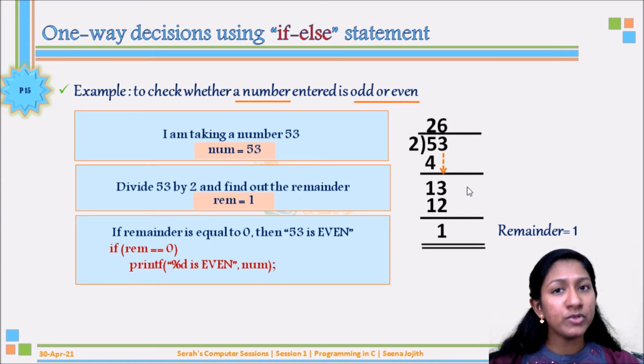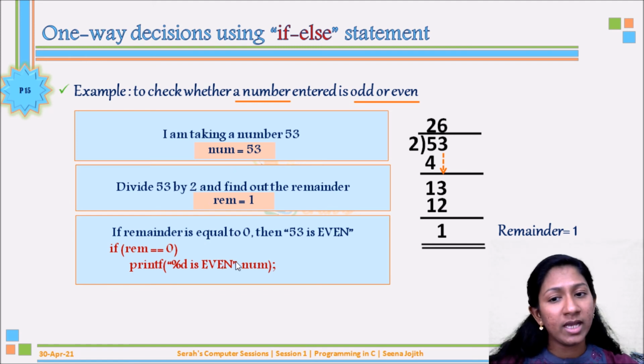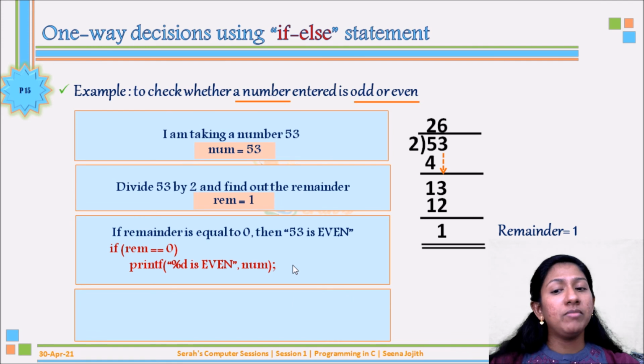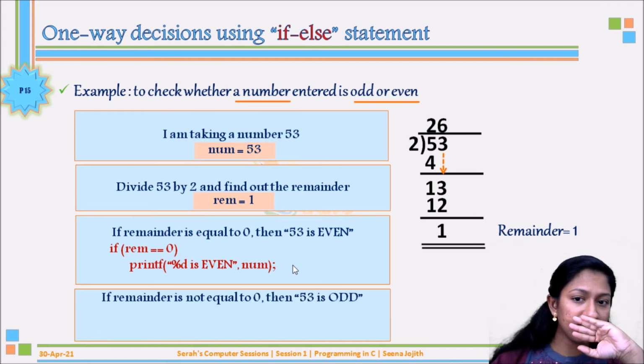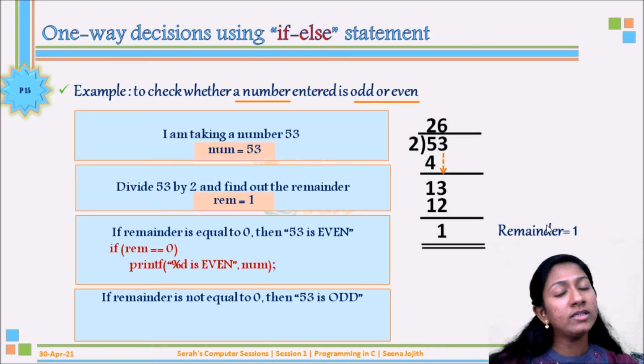Where is the number stored? It's stored in the variable num. That is the reason I wrote num here: printf("%d is even", num). Now, if the remainder is not equal to 0, here we got a remainder 1 and it is not equal to 0.